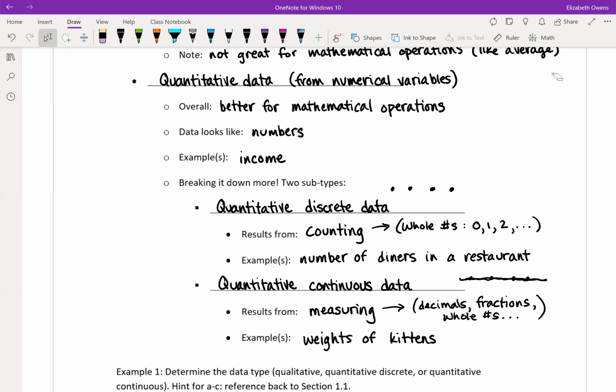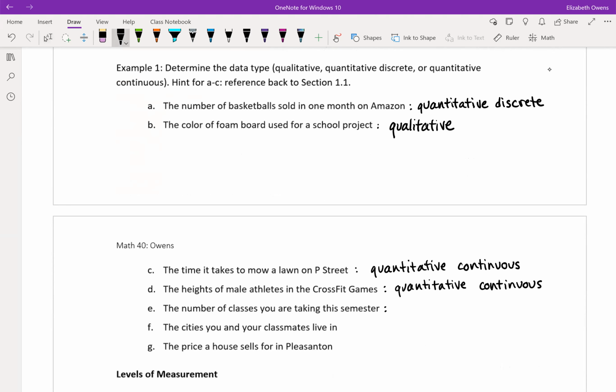Probably not, no. We would count the number of classes and say, I'm taking 3 classes, because what is 0.4 of a class, really? I mean, I guess if you dropped out part of the way through, but we tend not to talk about it like that. So this is going to be quantitative discrete. Usually when you see the word number of something, that is a quantitative discrete data type.